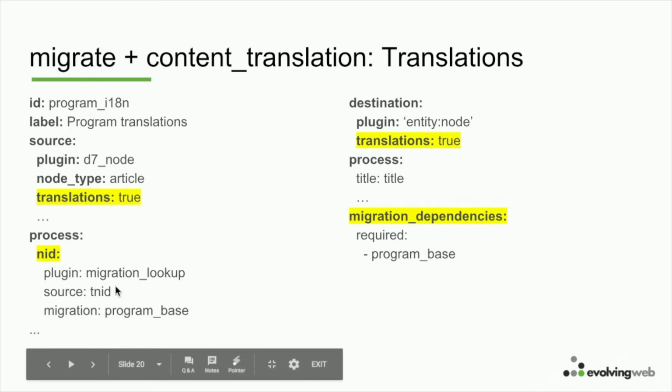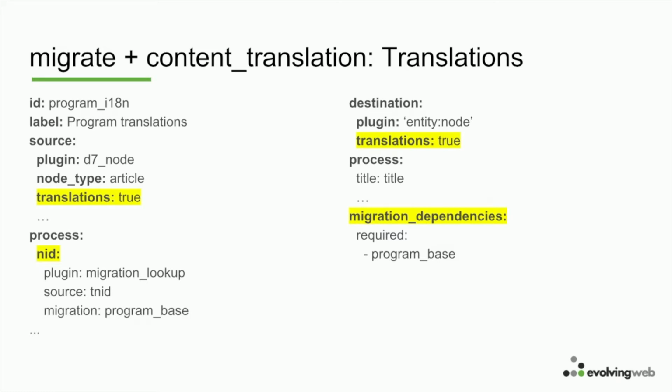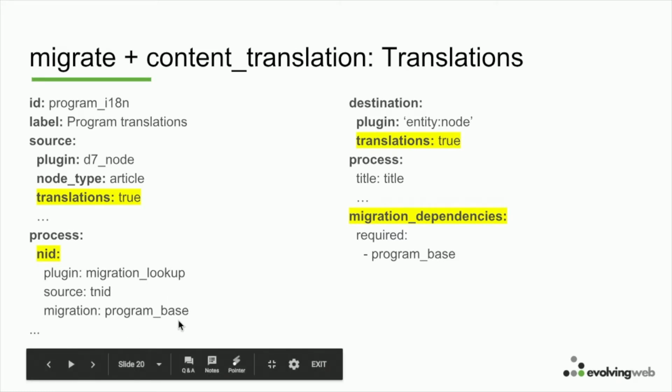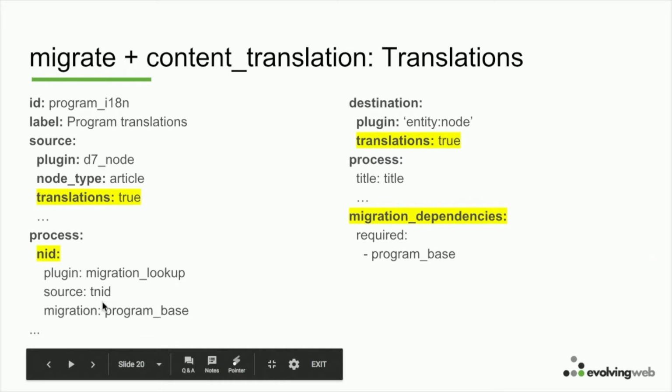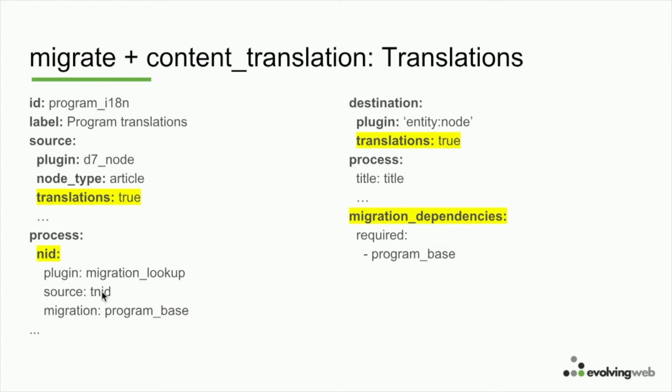What the migration lookup plugin does is it looks up the mapping of the keys of a different migration, which in this case is program base, and looks for the Drupal 8 ID of the thing which got imported with a particular TNID. That way, we tell Drupal 8, I want the translation to be attached to this particular node, and that's pretty much it.